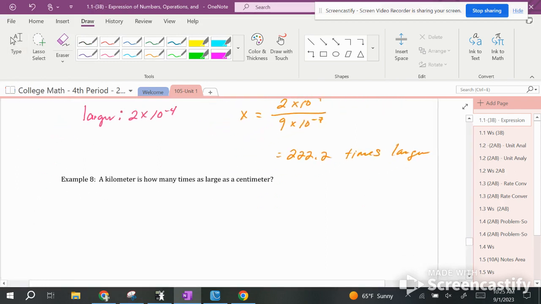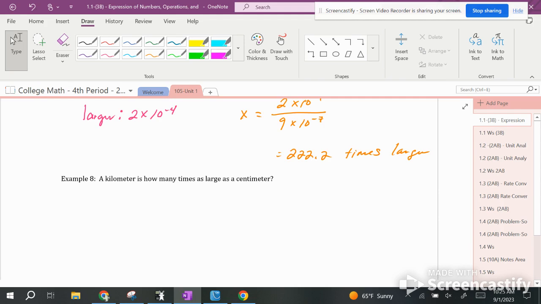Okay, let's make a guess this time. A kilometer compared to a centimeter. Now this one you can kind of comprehend, because a centimeter is that big and a kilometer is like a mile. So how many times bigger is the kilometer?